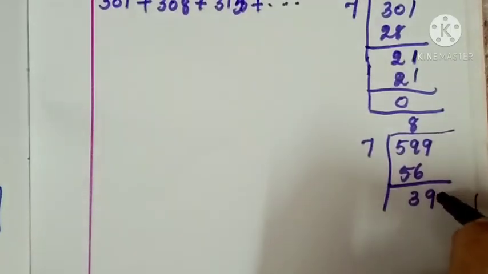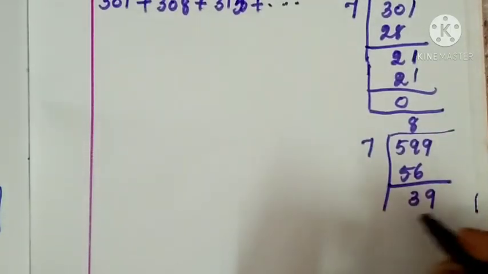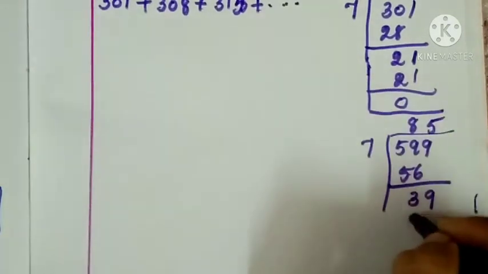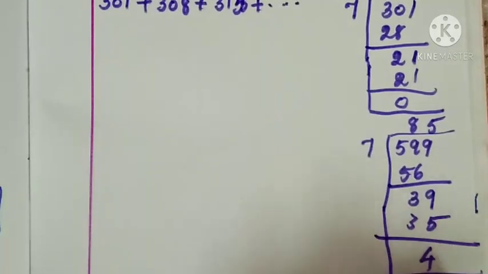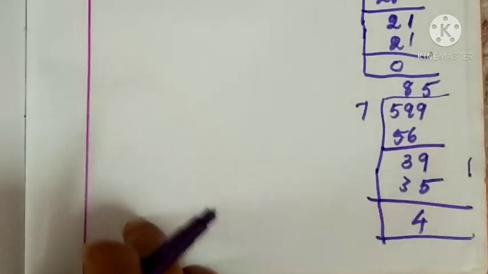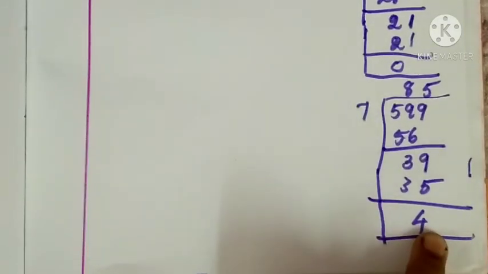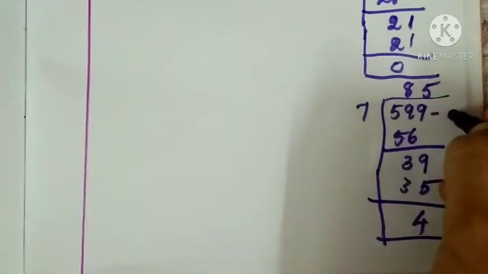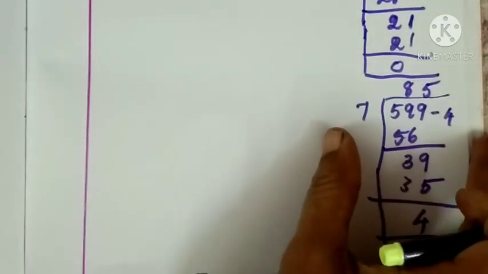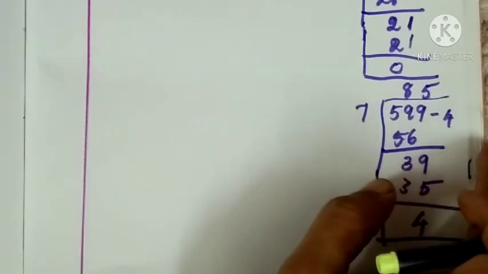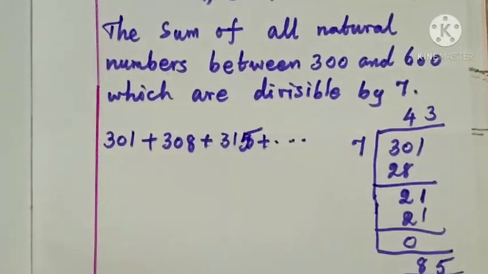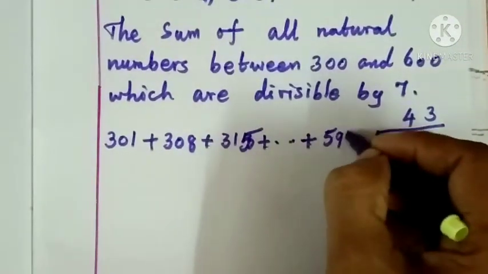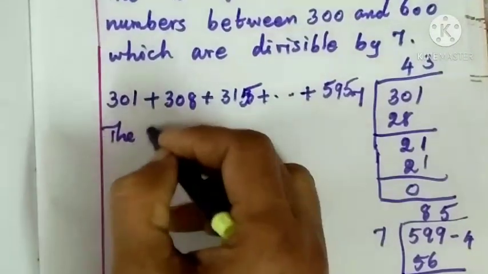Then you take down the next number, that is 39. 5 sevens are 35, remainder 4. So here we get the remainder 4. You have to subtract this remainder from the dividend, that is 599 minus 4 we get 595. Therefore, the last number which is divisible by 7 is 595.